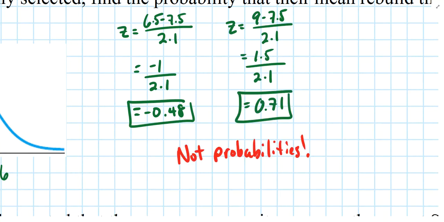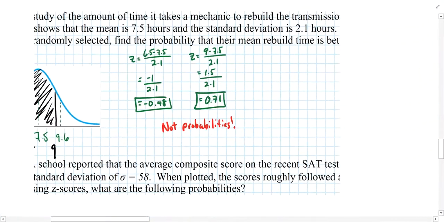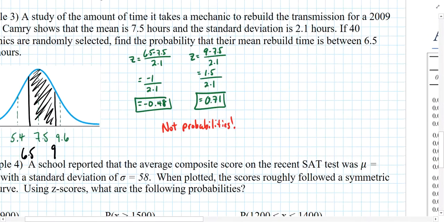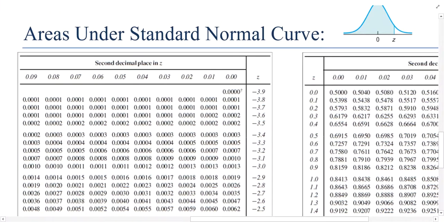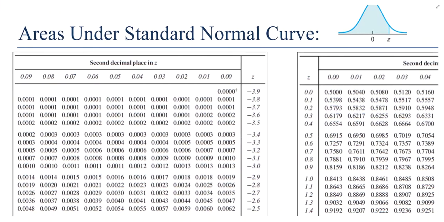These scores do not represent probabilities like the empirical rule. Instead, they give us a position on a standard normal curve for which we can compute the probability. This is usually done with a table of areas under a standard normal curve.